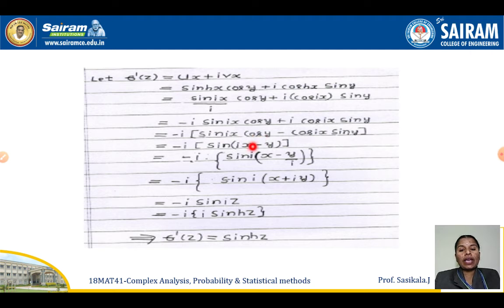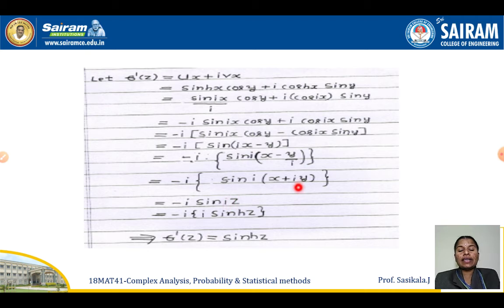It is sin(a minus b), right? So now you can substitute, and from this inside I can take out i, sin i of x minus y by i, y by i alone I will get, right? So which is equal to sin i of, again I can write 1 by i as minus i, so x plus iy will come, and sin(iz), this is nothing but sinh z, right?